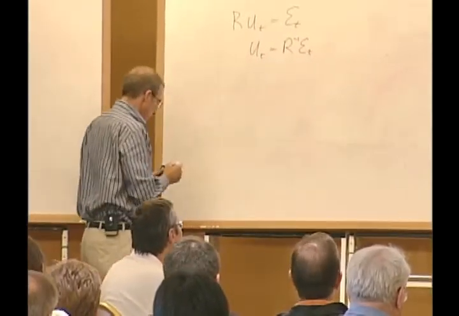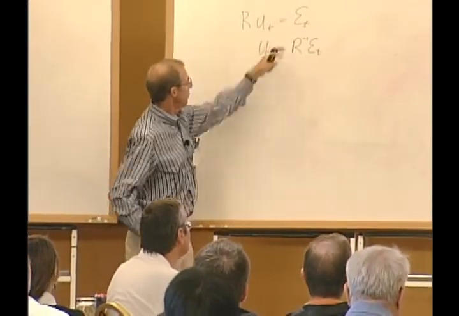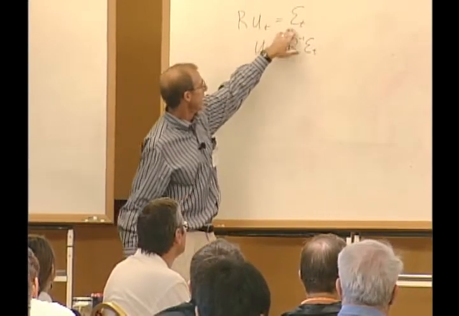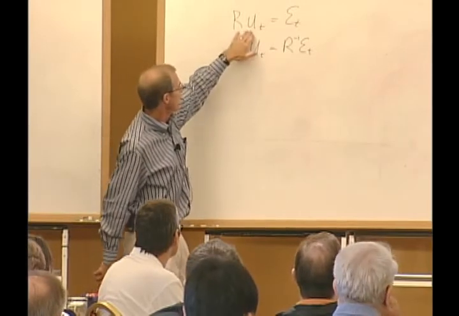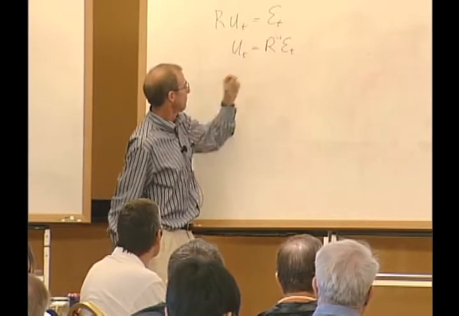Okay, so there's this assumption that R u_t equals epsilon_t. So what this is that I can take linear combinations of u and I can get epsilon. Another way to say that is that the space of innovations has to span the space of structural shocks.